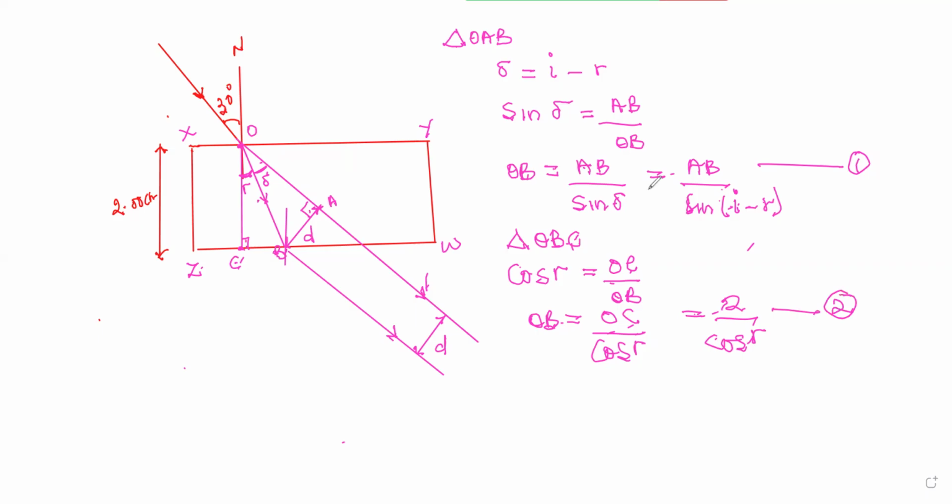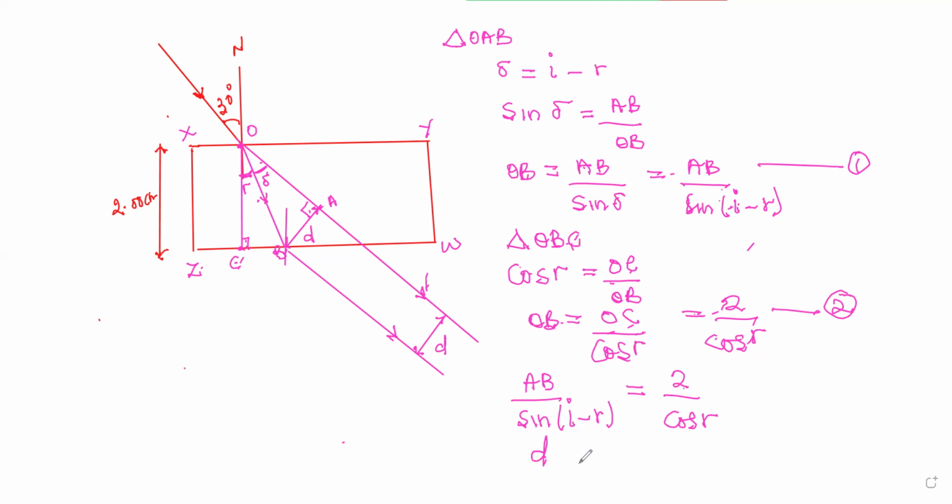So because this is about AB, OB, and this is also OB, we can equate them. AB over sine I minus R is equal to 2 over cos of R. Okay, and AB is D. So let's substitute D in place of AB and make it the subject.